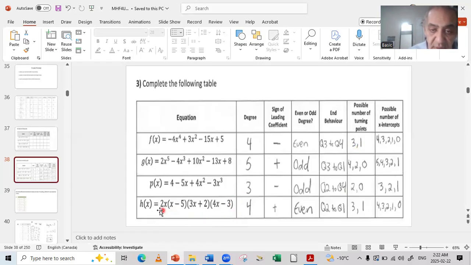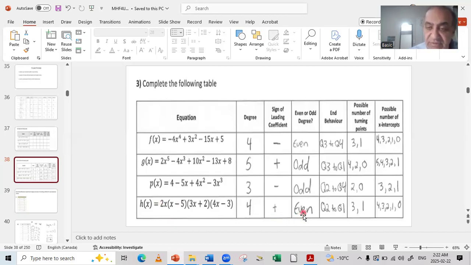Here, if I just multiply x times 3x times 4x times 2x, the degree will be 4, even without completing it and factoring it. Then the factor here is positive, and it's even.